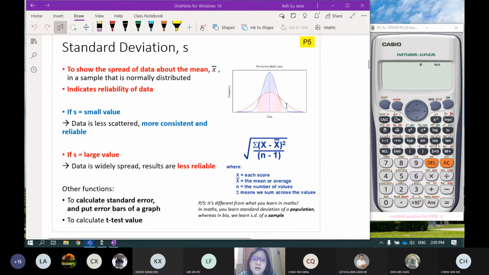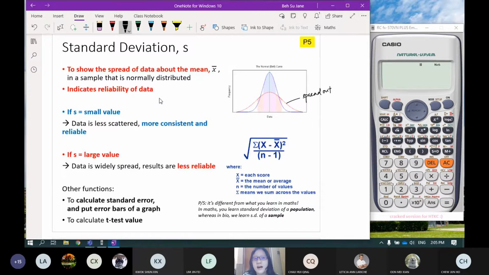It could be flat or it could be really tall, right? If it's flat, this means that data is spread out a lot. Let me annotate that. Data is spread out here. Whereas if it's really tall and skinny, this is less spread out.